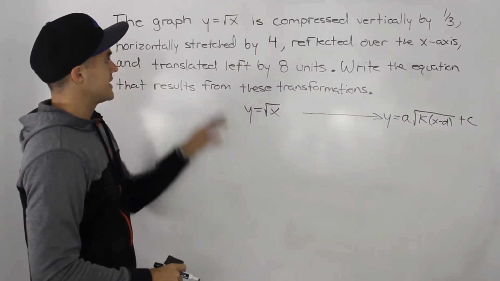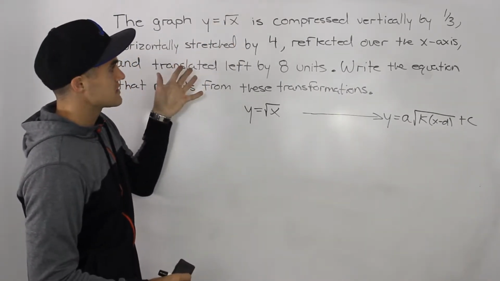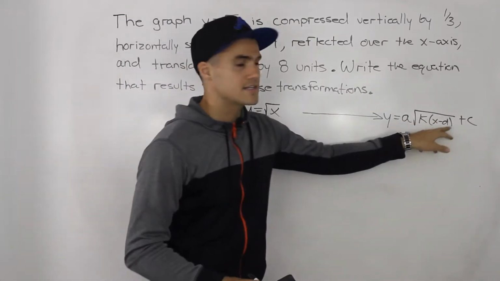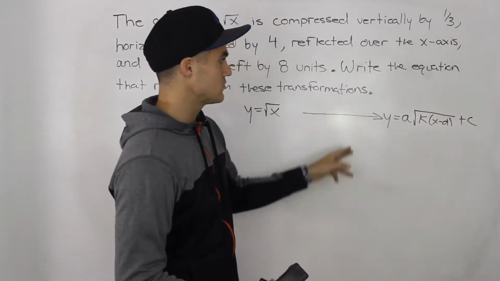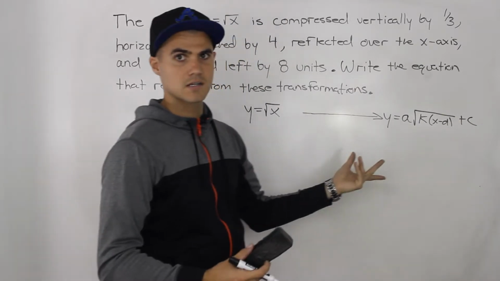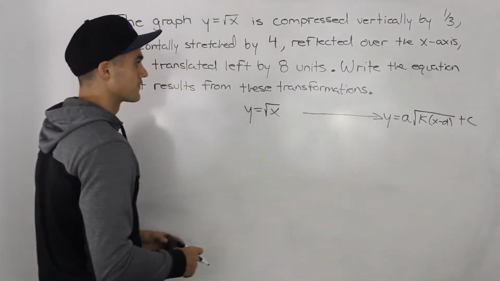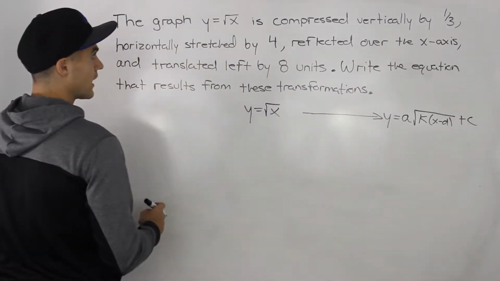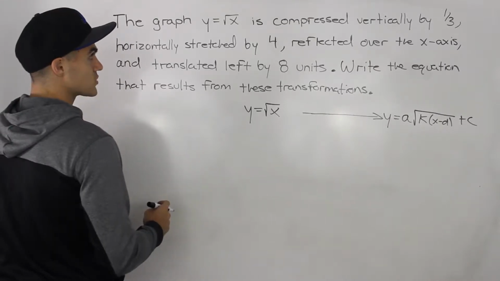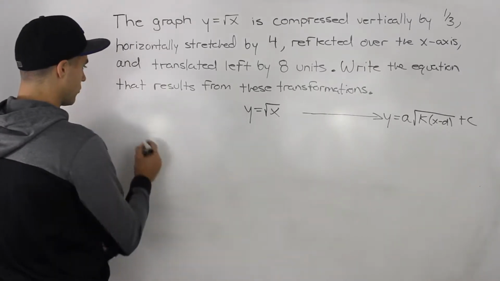So taking these transformations, we basically have to find the a, k, d, and c value, and then once we do, we can just put it in this format, and that's going to be our equation. So let's write out some of these transformations as a list, and then go through them one by one.